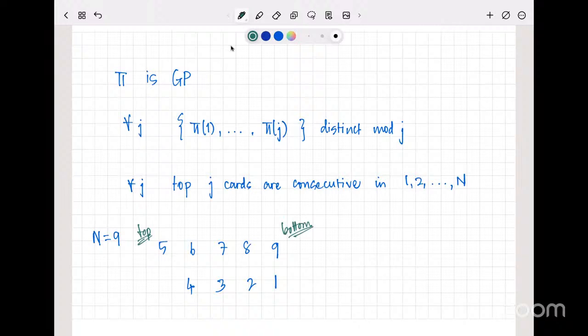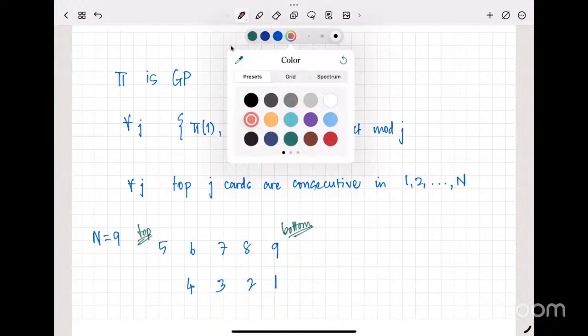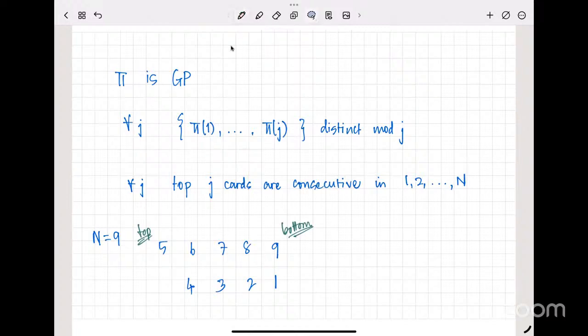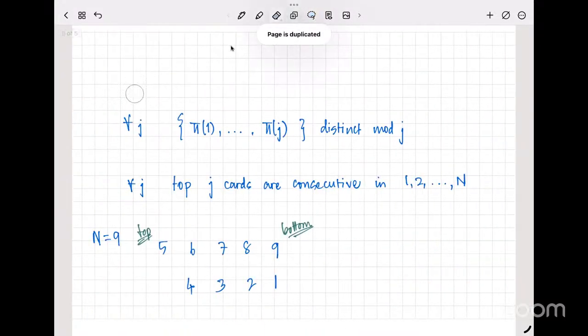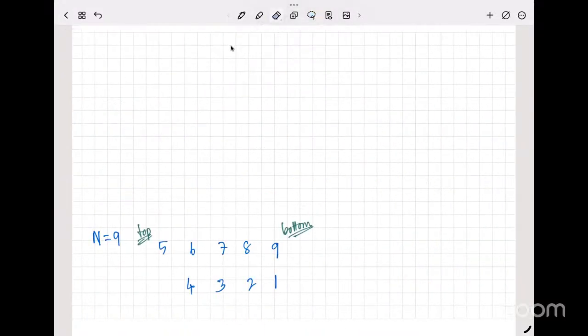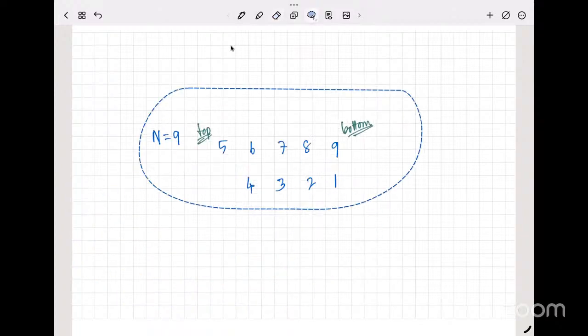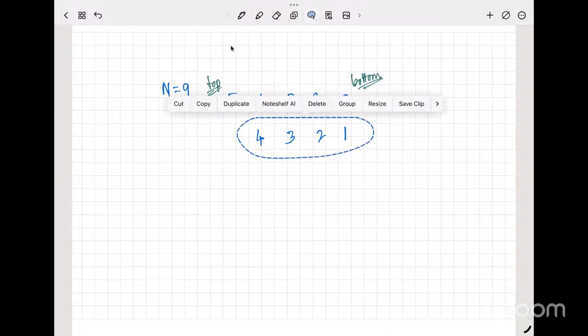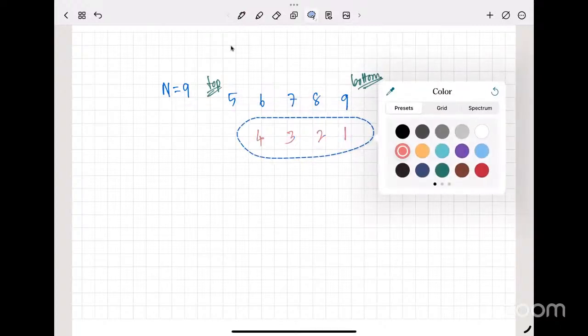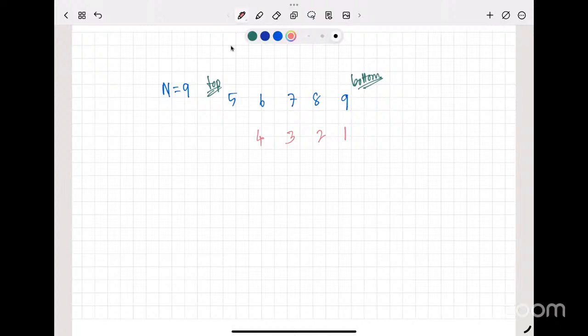So when you riffle these in, let's write down one example of a Gilbreath outcome. I'm just going to make some space for myself.